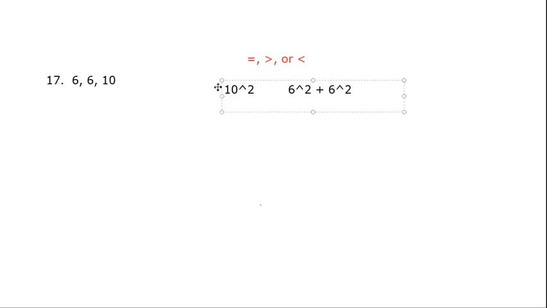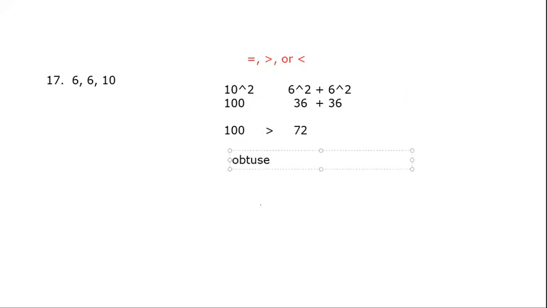So 10 squared is 10 times 10, which is 100. 6 times 6 is 36. So we have 100 and 72. Well, that is also greater. So that would be obtuse. And that is how you do that.